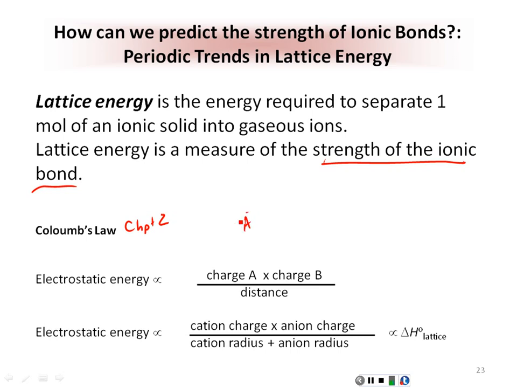So if we have A and B, to tell how attracted they are to one another, we need to know the charges on A, the charge on B, and the distance between them. So when we're talking about an ionic compound, the strength of an ionic bond, we would have the cation charge multiplied by the anion charge divided by the cation radius plus the anion radius.